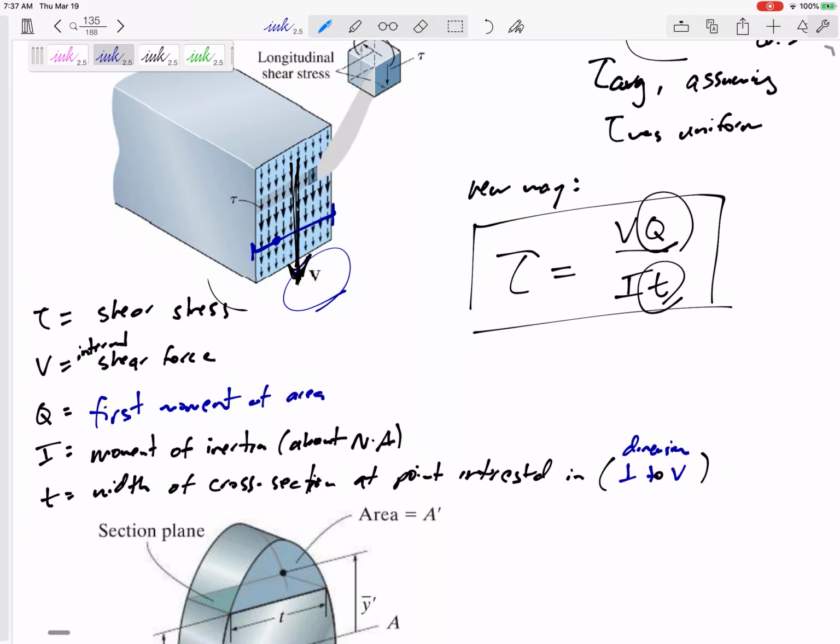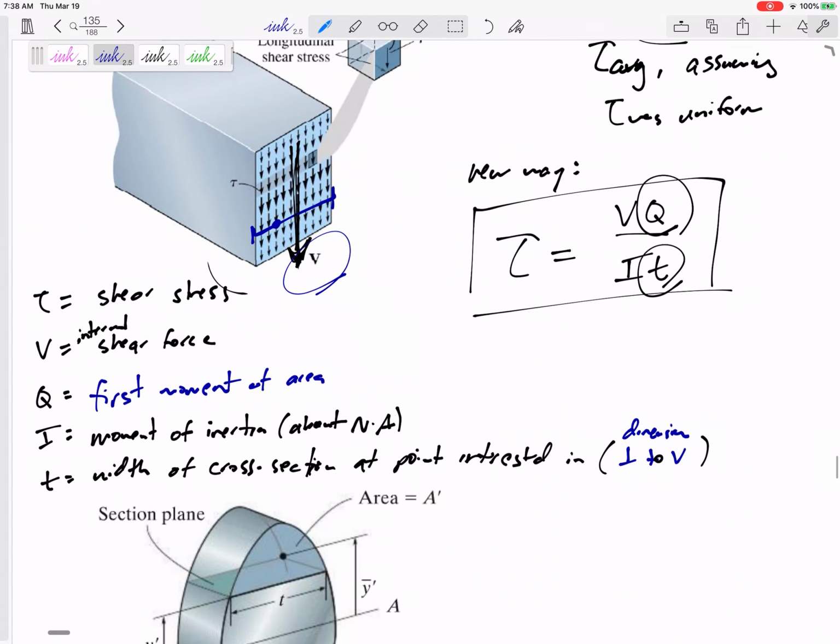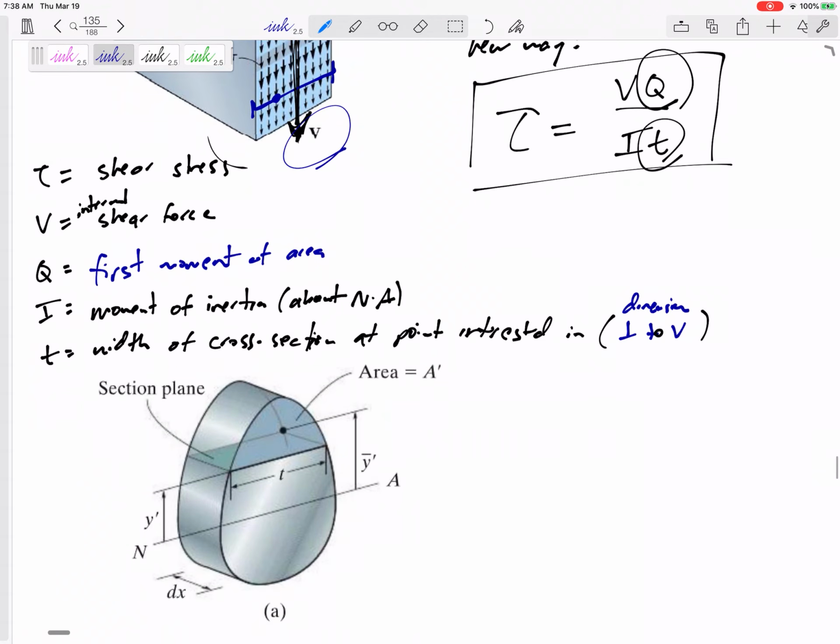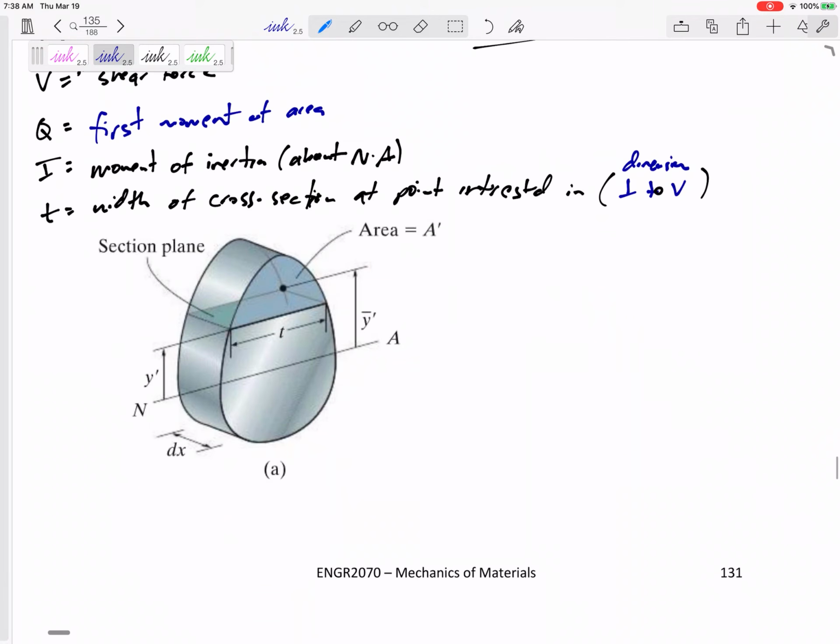Q we'll talk about. I is just for that shape. You probably have already calculated it at the very beginning of the problem. Hey, I've got this shape, this type of beam. Let me find the I of that cross section. T is the thickness. It's perpendicular to V. So most times our V's up and down. That means our T would be horizontal, left-right thickness at that point.